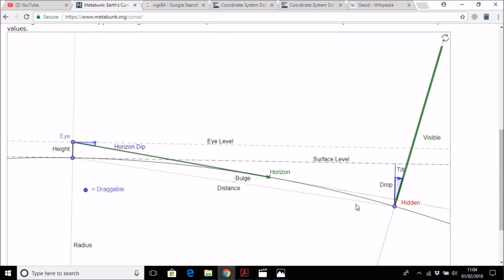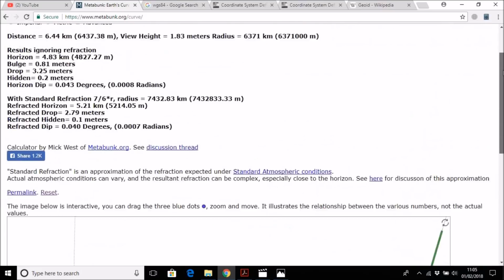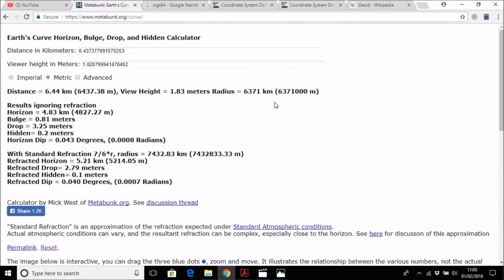This is a sort of diagram explaining diagrammatically what is being calculated. So it uses a radius which is 6,371, which is neither the equatorial radius of the Earth nor the polar radius of the Earth, but somewhere in between. It's a very good approximation.